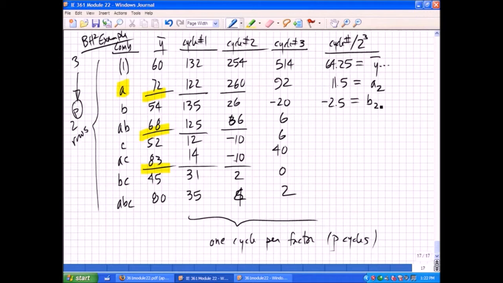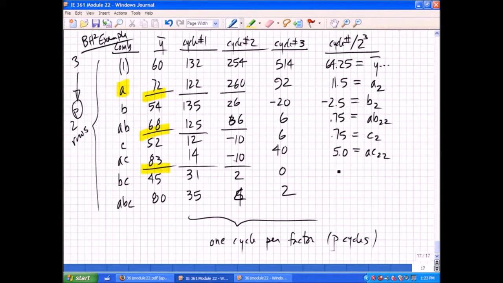If I take 6 and divide by 8, I get 0.75, and that's AB22. If I take 6 and divide by 8, I get 0.75. That corresponds to the main effect of factor C at its second level. If I take 40 divided by 8, I get 5.0. That is AC22.